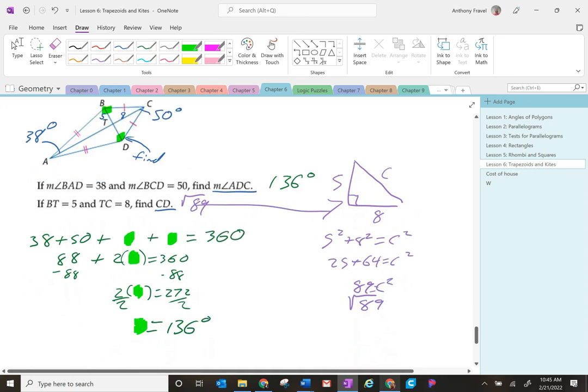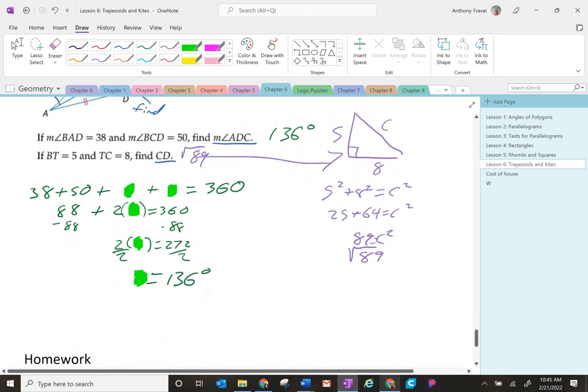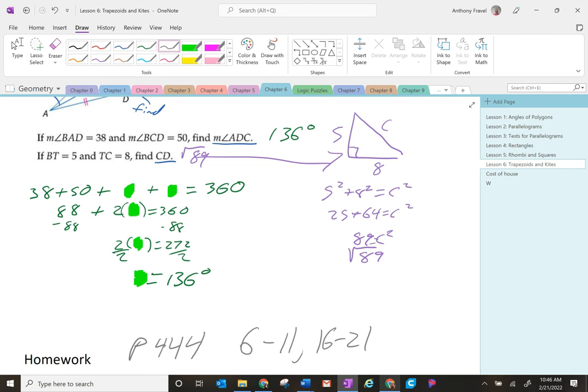Okay, the assignment for tonight. I shortened that down from what's actually on there. The stuff you guys will have is going to be page 444, 6 through 11, 16 through 21. The first part will be all the isosceles trapezoids, and the second half is going to be mainly the kites.